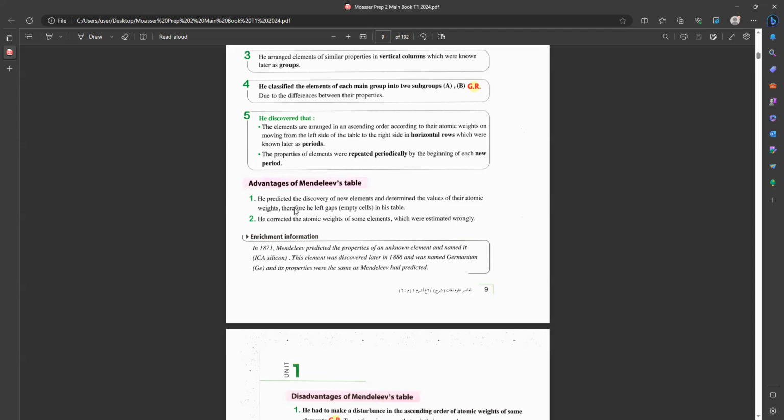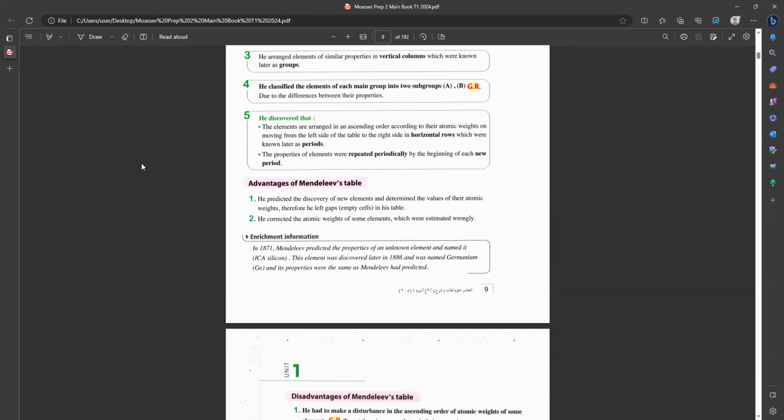The second advantage of Mendeleev: he corrected atomic weights that were wrong. Scientists before Mendeleev had discovered some elements and assigned atomic weights to them, but he found that the atomic weights given to some elements were wrong.